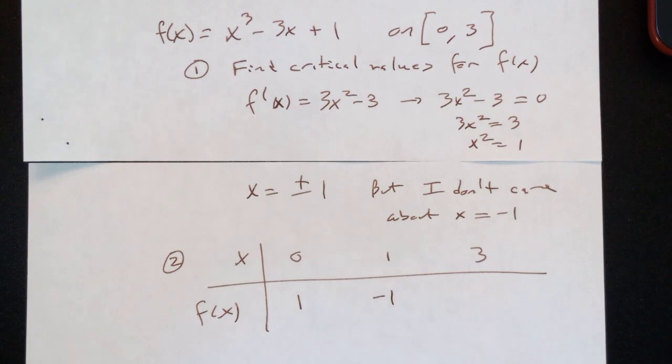If I put in 3, I get 27 minus 9 plus 1, I get 19. My maximum value is 19. It occurs at x equals 3. My minimum value is -1. It occurs at x equals 1. Poof.